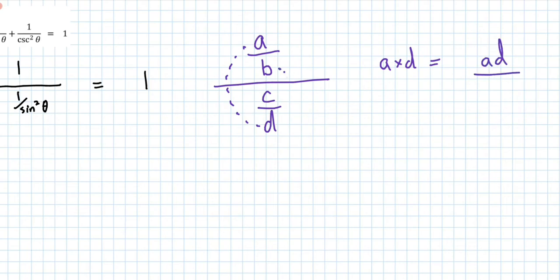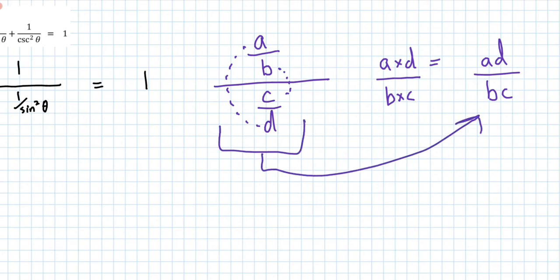Take the inside terms, B and C, multiply those together, and you'll get BC. So it's a very quick way that you can go from A over B all over C over D, very quickly to AD over BC.